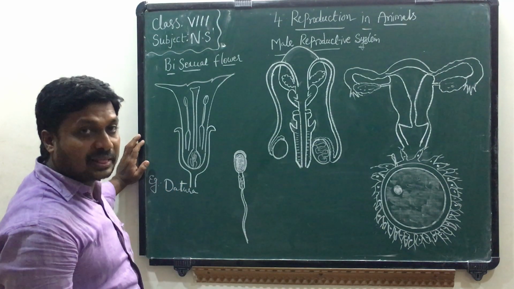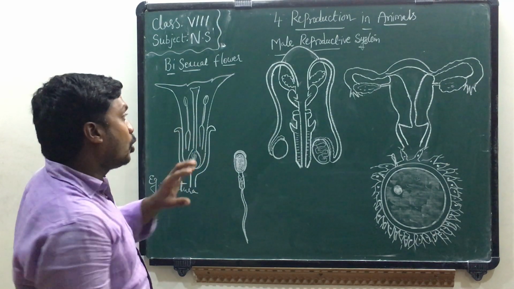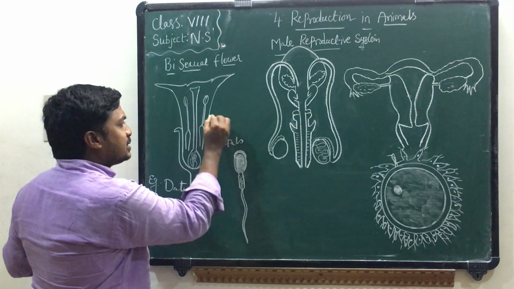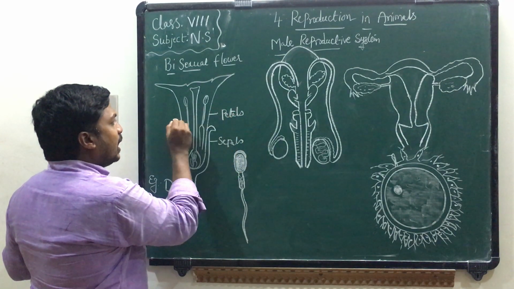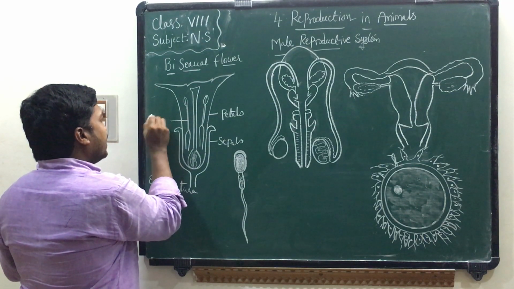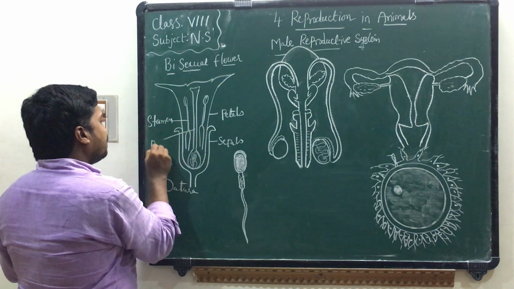Datura means ummetta puvu. In datura flower, we can find 4 parts majorly: first sepals, second petals, third stamen, and fourth pistil.